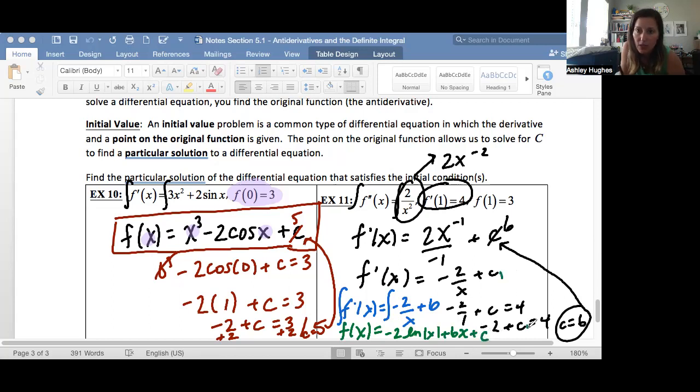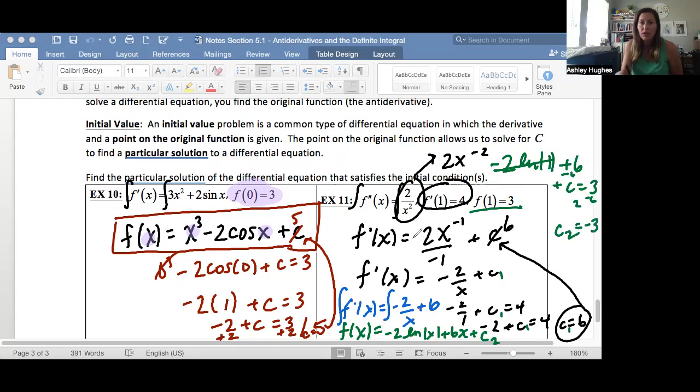Sometimes people call this c1, and then this one c2. Now I'm going to use this one. When I plug in 1, I get 3. So negative 2 natural log of 1 plus 6 times 1 plus c needs to equal 3. Natural log of 1 is 0. So 6 plus c equals 3. So subtract 6. So this c2 equals negative 3.